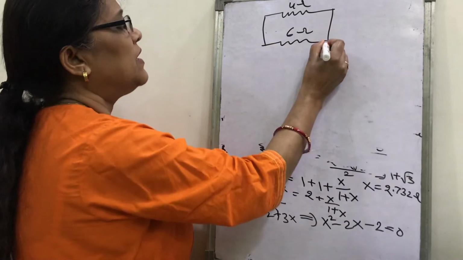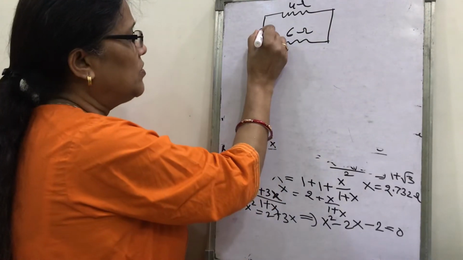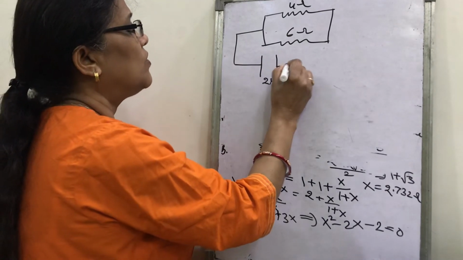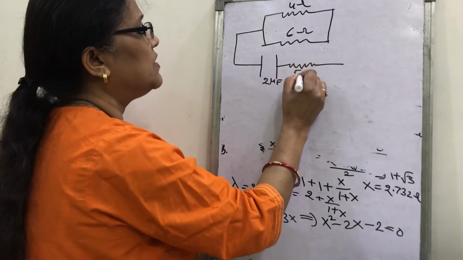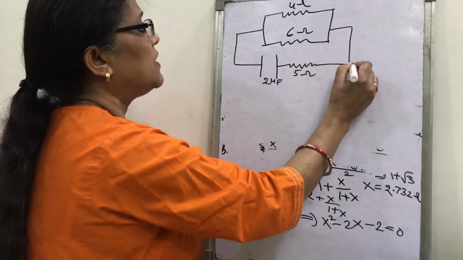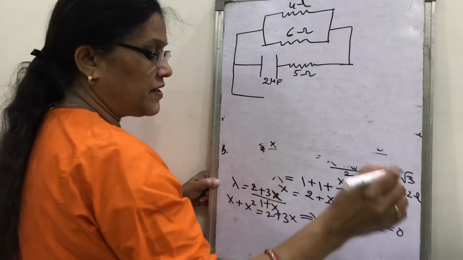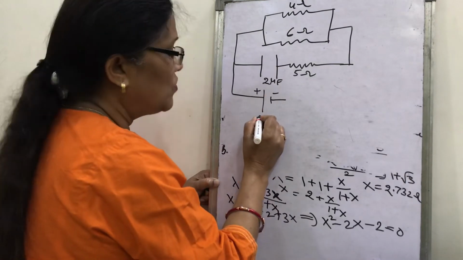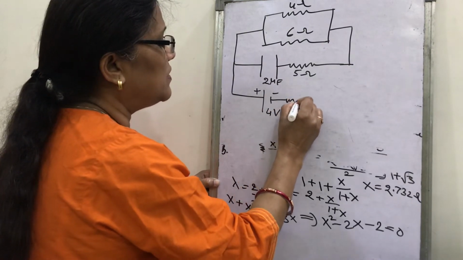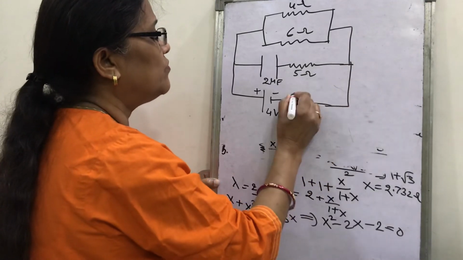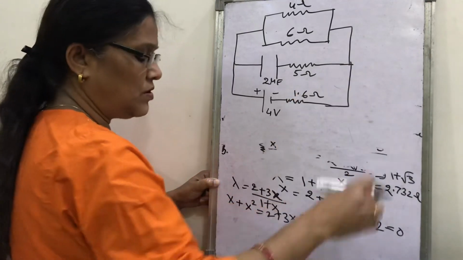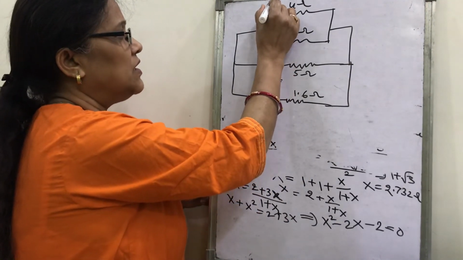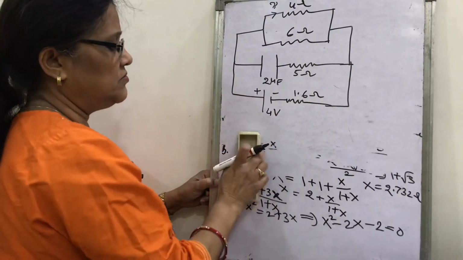They are joined like this and one capacitor of 2 microfarad along with this 5 ohm resistance is joined in the circuit like this, and the whole circuit is connected with the cell of EMF 4 volt and internal resistance, it is given here 1.6 ohm. You have to find the current in 4 ohm resistance.